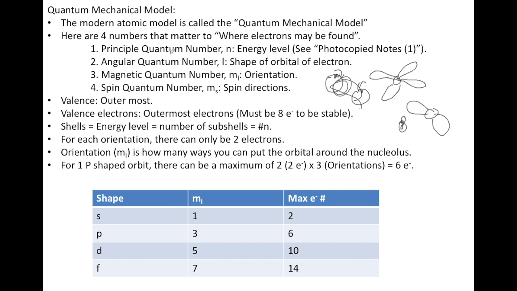Now let's talk about valence electrons. Valence electrons are the outermost electrons, and according to a rule called the octet rule, an atom must have 8 electrons to be stable. This does not apply to every single atom, but it applies to most of them. Only two atoms need two electrons to be stable.